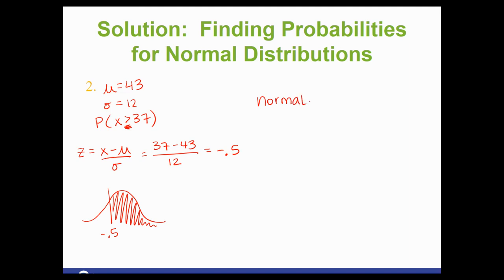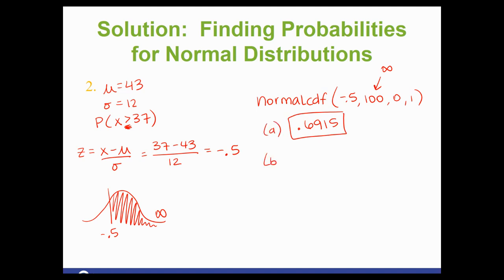So normal CDF, our lower bound is negative 0.5. Our upper bound is 100, which is taking the place of positive infinity. 0 and 1 for mean and standard deviation. And then we round off to 4 decimal places. This is our answer for part A, 0.6915.